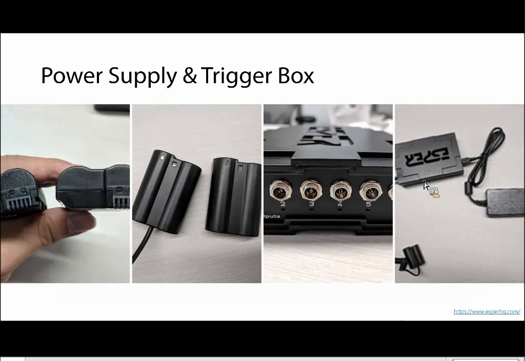One of the solutions that they provided was this battery pack. In the picture, you can see a battery pack with a wire, and a battery pack without a wire. The one without a wire is the original camera battery that comes with the cameras. The one with the wire is actually the dummy battery.